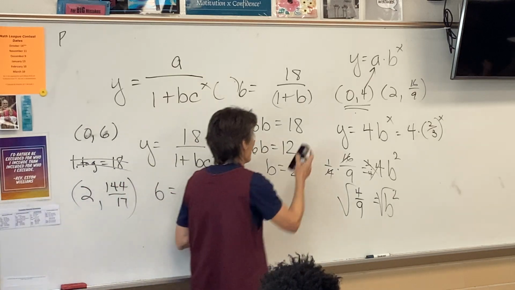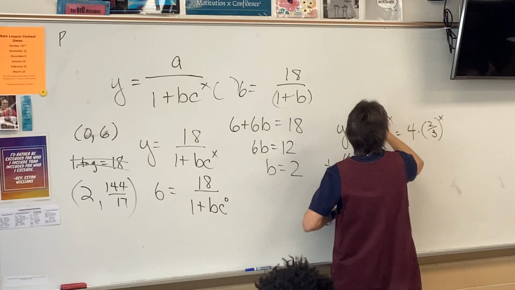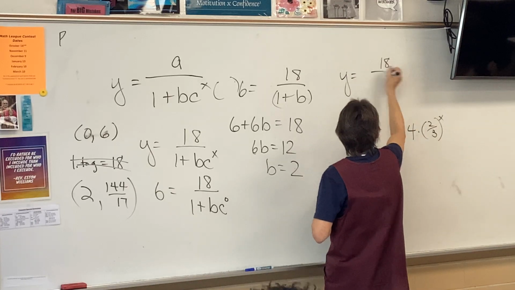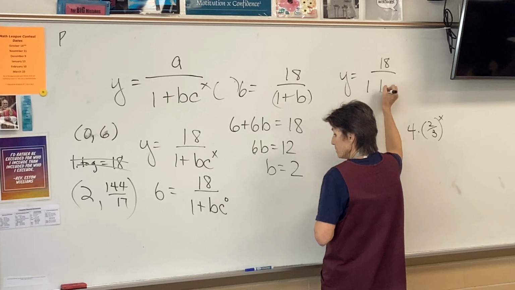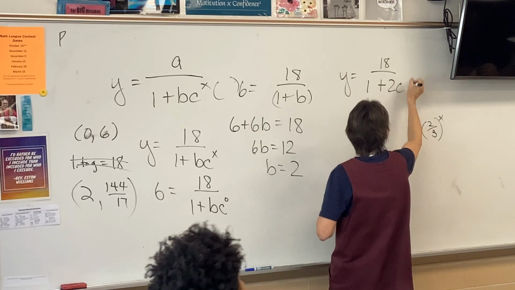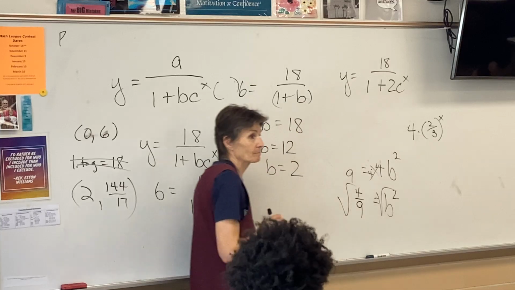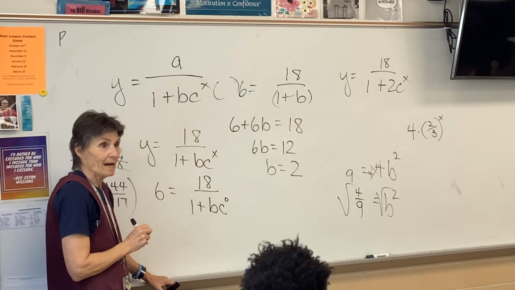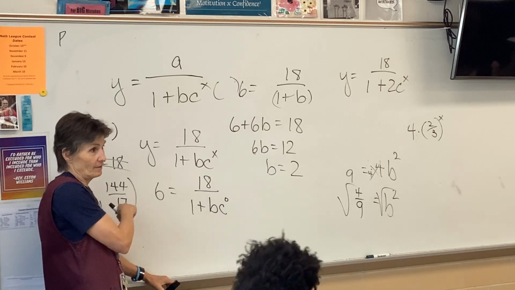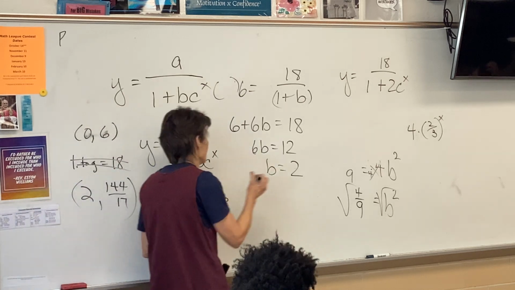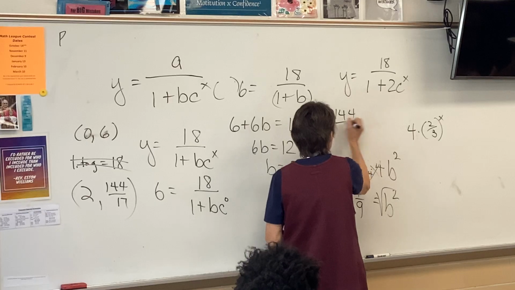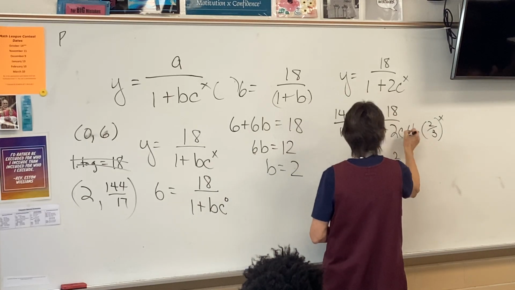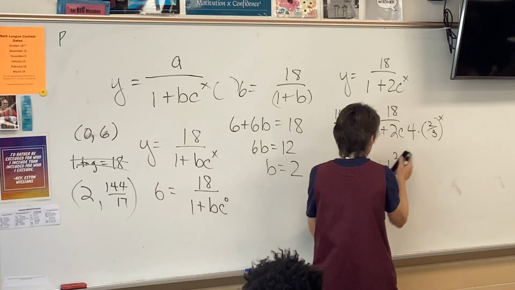Alright, so now, let me write down what I have. Now I have Y equals 18 over 1 plus 2 C to the X. Now what? Fill in the last point. So 144 over 17 equals 18 over 1 plus 2 C to the second.